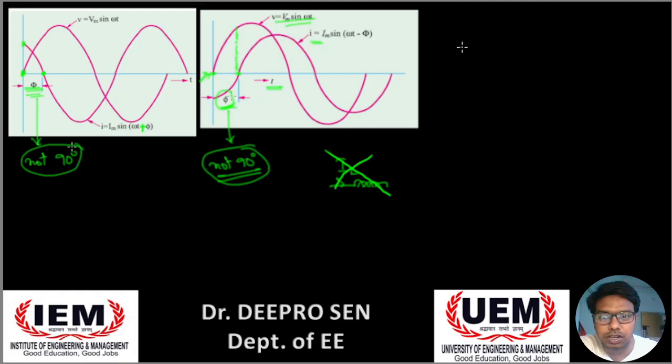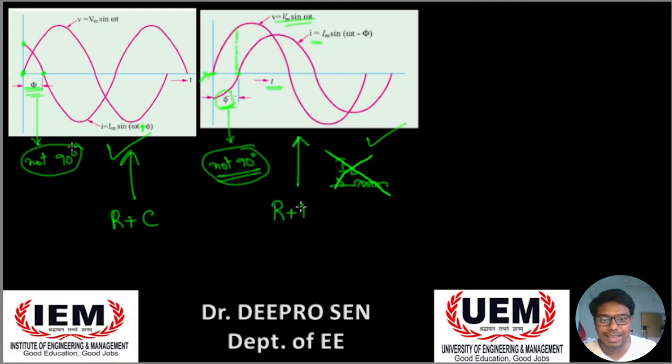I've taken screenshots of these two particular graphs from the last video that you can see here. This is for an R plus C load, that is RC load, and this is for an R plus L load. What do I mean by that?